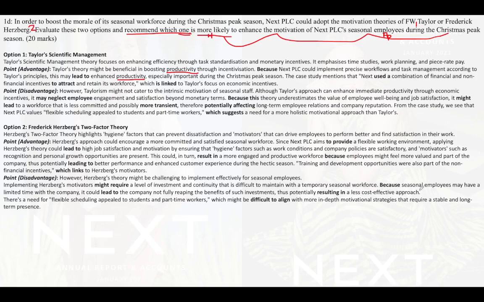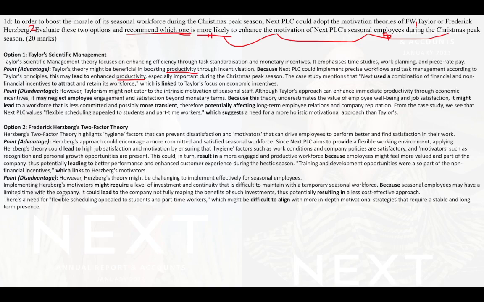Not really the point of the question, but it might be that Next choose not to do it because of that. The risk with this is it goes off onto, therefore it's too expensive, so Next will choose to just give short-term monetary, so Taylor's best. That would not answer the question, so we have to go careful with that.